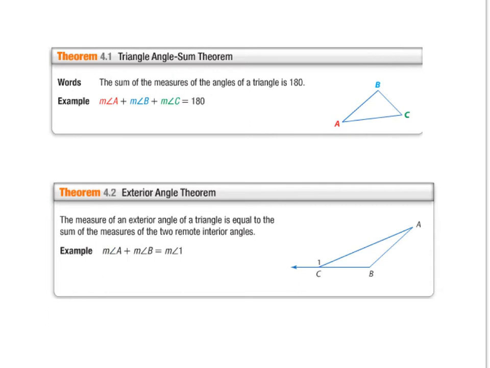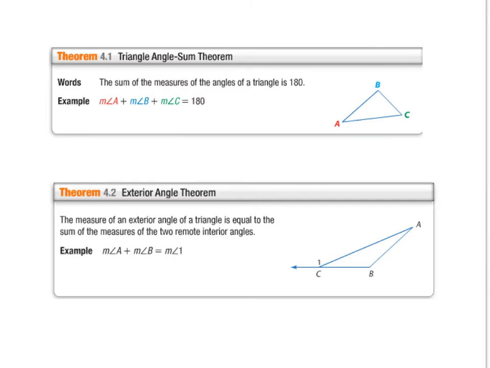Okay, two theorems that we need to talk about, and I think you already know both of them. The first one is the fact that the sum of the angles of a triangle add up to 180. So measure of angle A, measure of angle B, and measure of angle C. These three angles will add up to 180, and we proved that in last chapter, chapter 3.